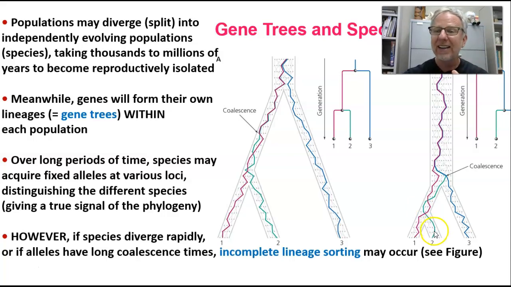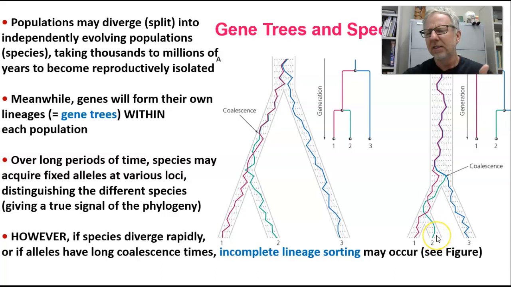So if you track the green allele in species 2, in this case, and track it backwards, it actually is most closely related to the blue allele, which is in species 3. So while species 2 is most closely related to species 1, that's true.